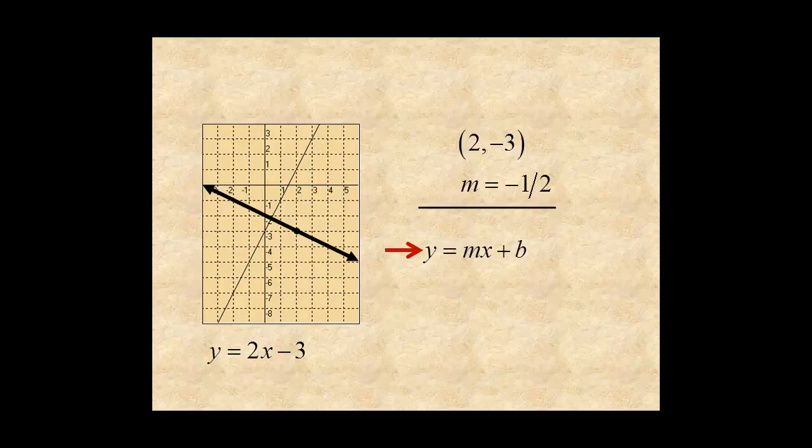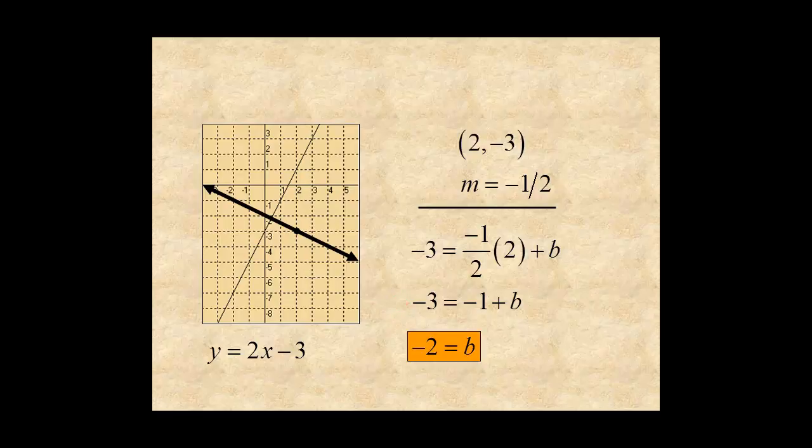You get -3 equals -1/2 times 2 plus b, which is -3 equals -1 plus b. Then add 1 to both sides, and you have b equals -2. So the equation of the line is y equals -1/2 x minus 2.